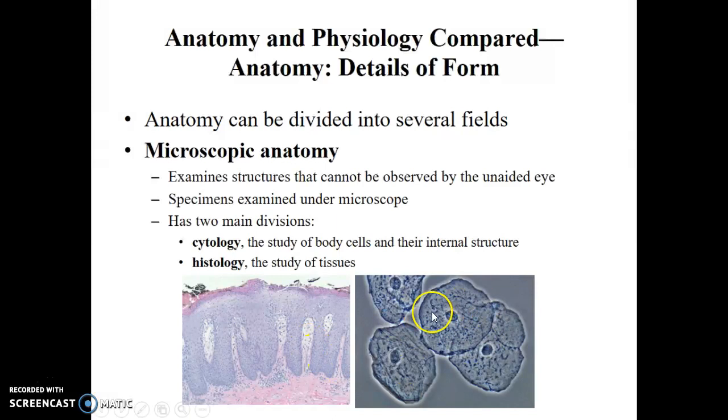And so here, these are simple squamous epithelial cells. When you do a cheek scrape and you're looking at those cells, this is what you're actually seeing. You're seeing simple squamous epithelium. This is stratified squamous epithelium here. And that's a tissue, and that's what makes up the skin of our body, the internal mouth tissue.